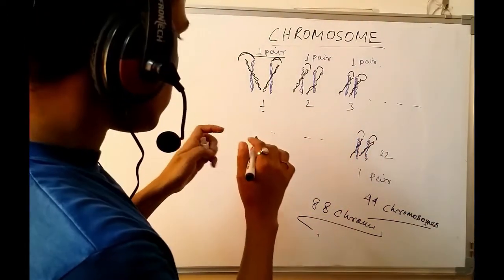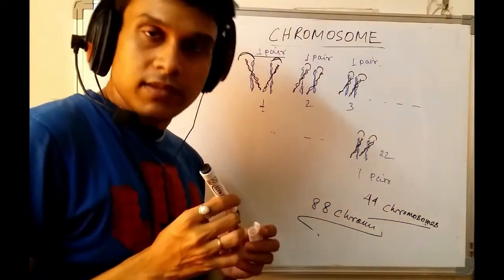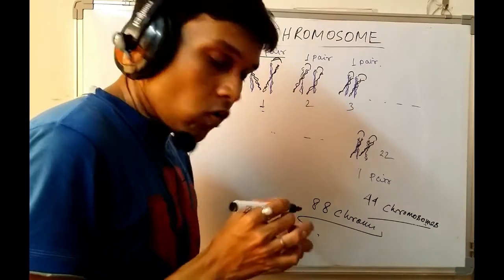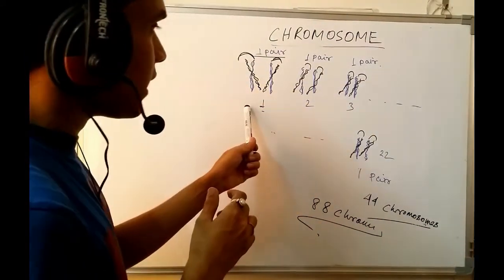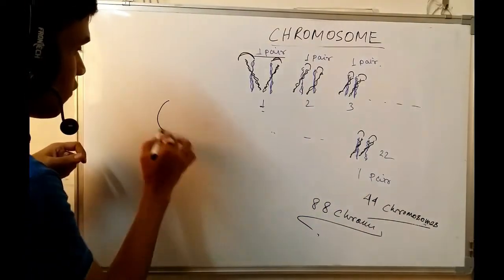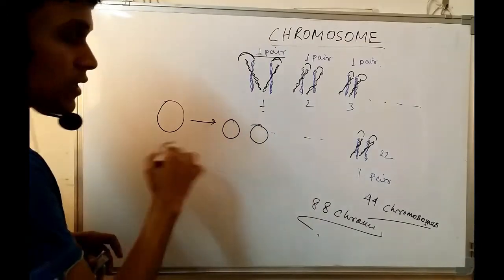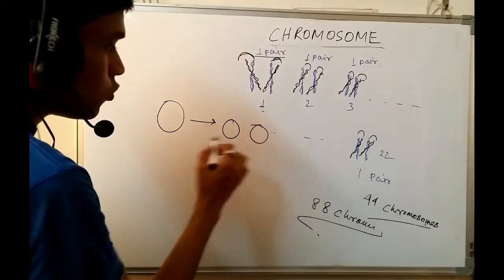But how is the chromosome number maintained in a cell? After this replication, one cell is divided into two cells.